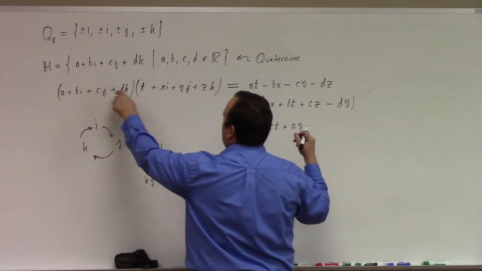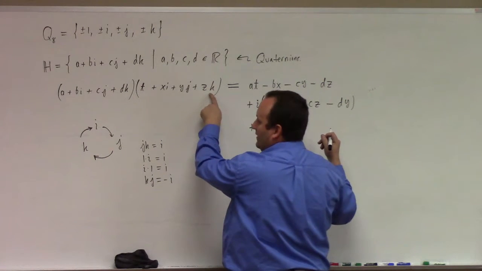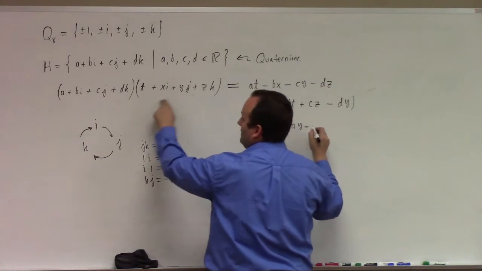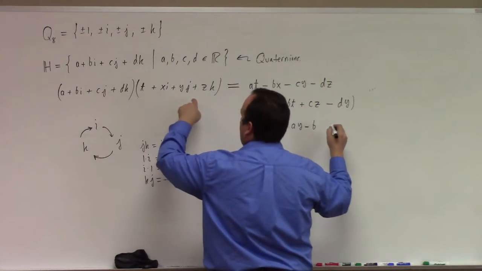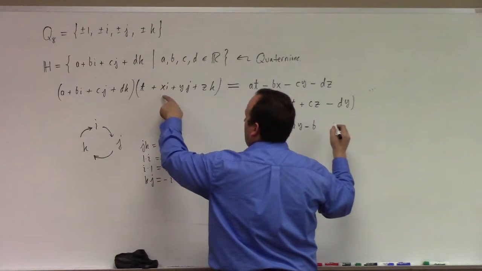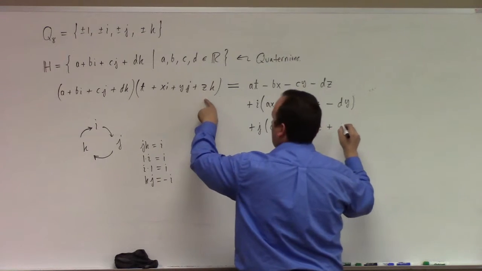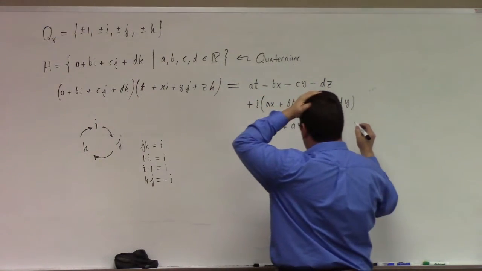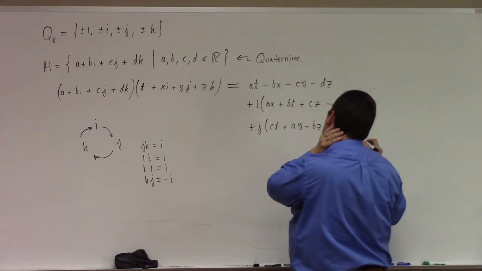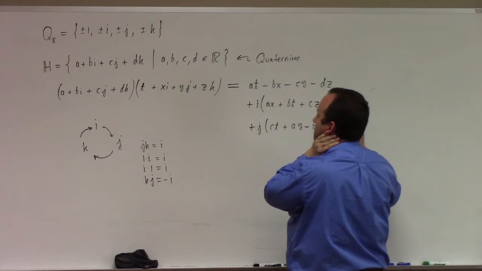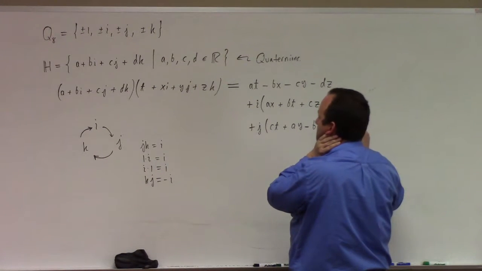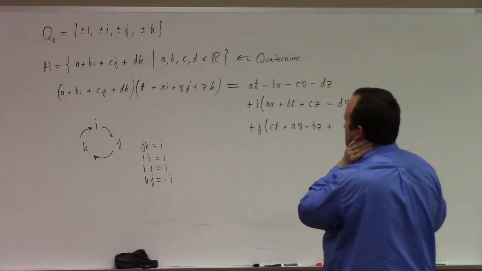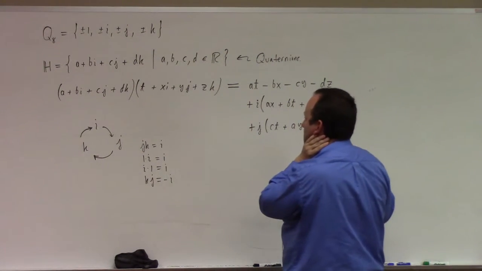So i times k, what is i times k? It's minus j. So minus bz, plus dx.